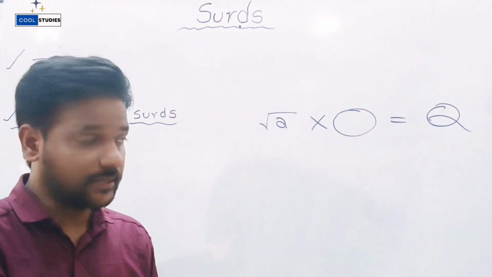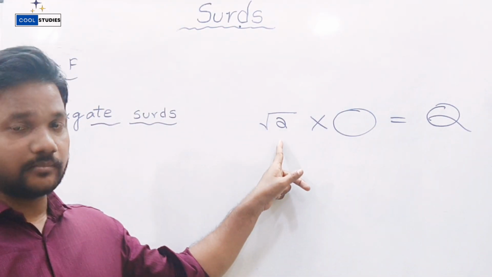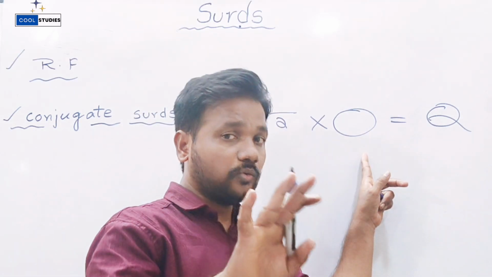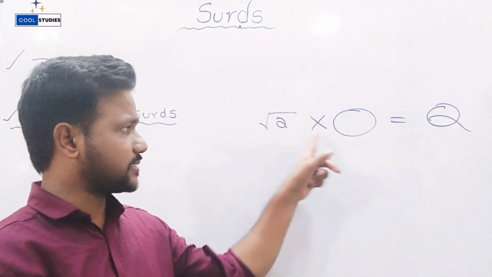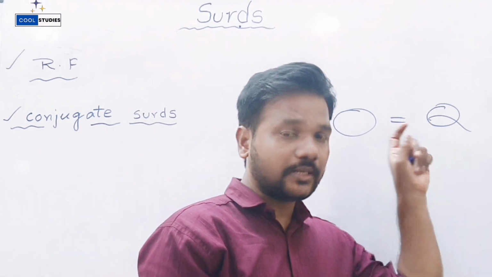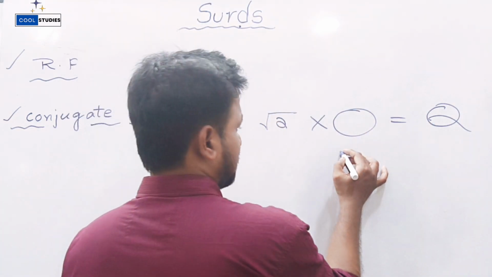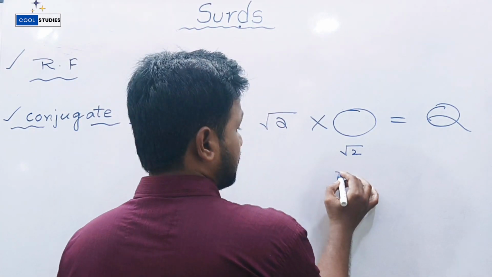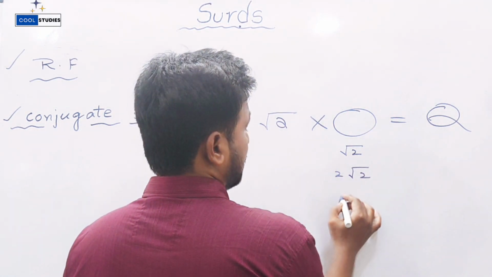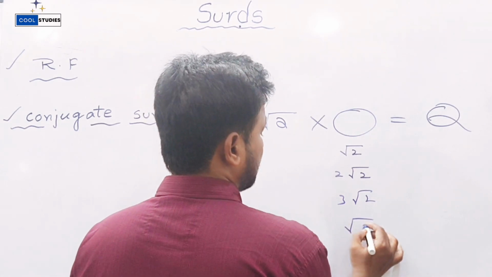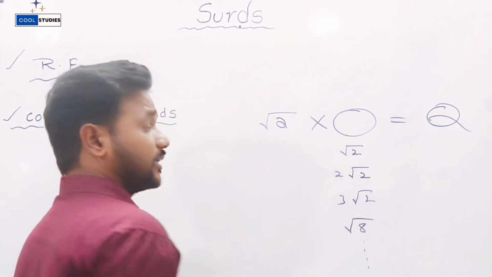I hope you understand here. Root 2 is there. Now tell me a number such that if you multiply these two numbers, you get a rational number. So what can you say here? You can say root 2, or 2 root 2, or 3 root 2, or root 8 and so on, right?